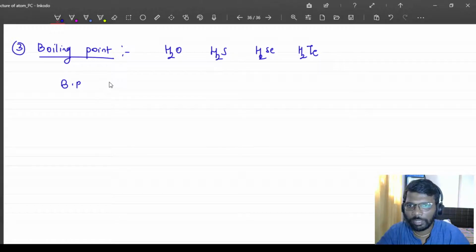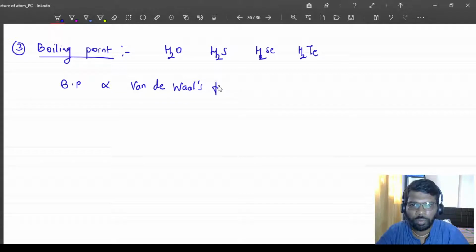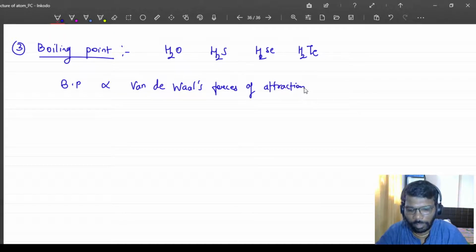Boiling point is directly proportional to the Van der Waals forces of attraction.